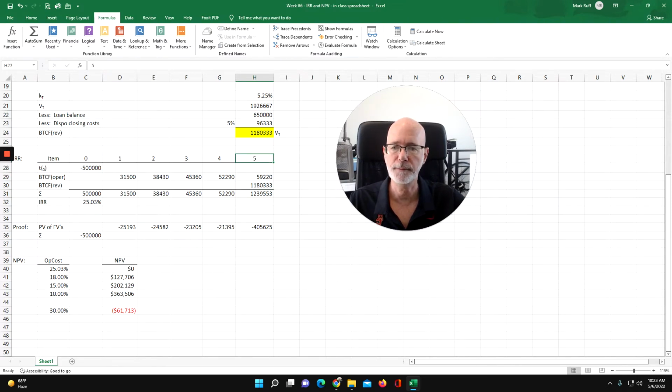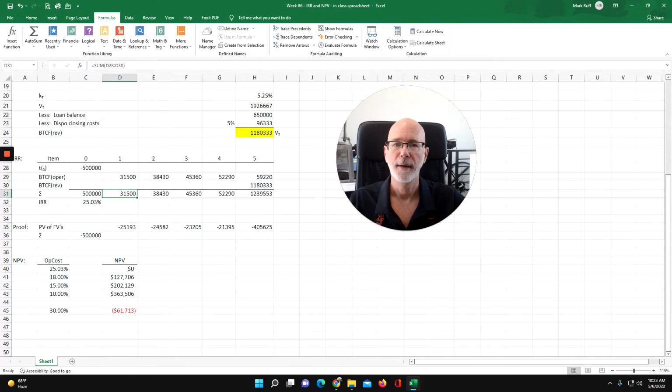Therefore, if I take all of these future values and I discount them back at the internal rate of return, this then amounts to a present value of 25,000 and change. Now, these are simply negative numbers because I plugged in a present value formula here for these future values.